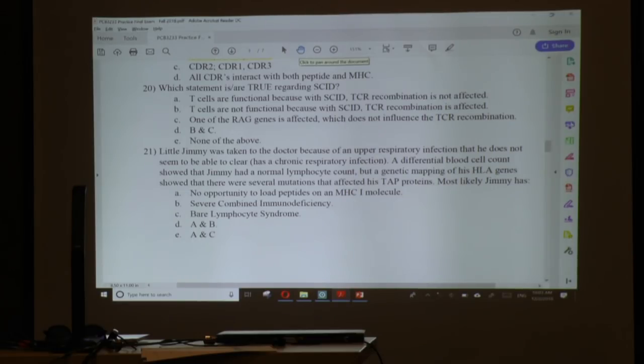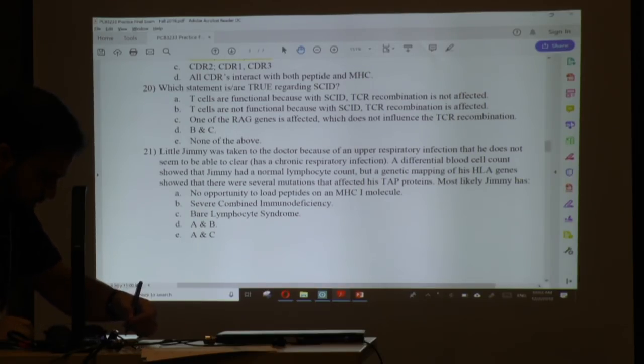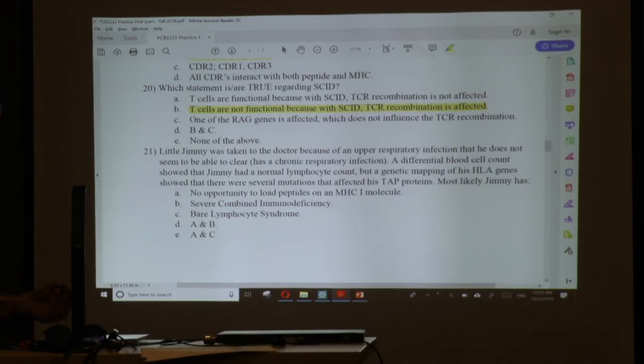The RAG1 and 2 genes? Yeah. So what happens if you don't have RAG1 and 2? Yeah, you don't have somatic recombination. If you don't have somatic recombination, what are you not going to have? You're not going to have T cells or B cells. So then the correct answer here is B. So TCR recombination is affected. T cells are not functional because with SCID, TCR recombination is affected. Make sense? Cool.